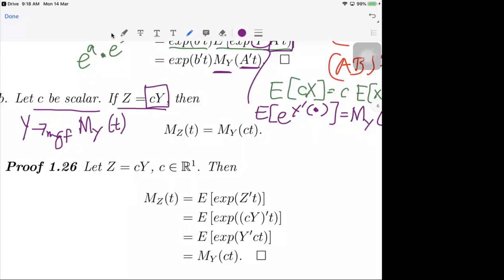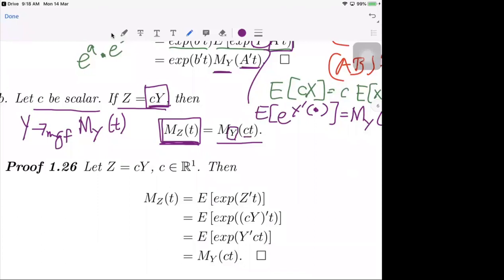You transform Y into Z, and we want to know what will be the moment generating function of Z. According to this lemma, the moment generating function of Z is the same as the moment generating function of Y, but this time at ct.